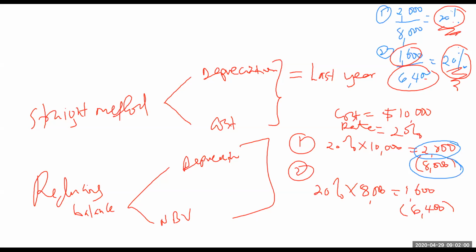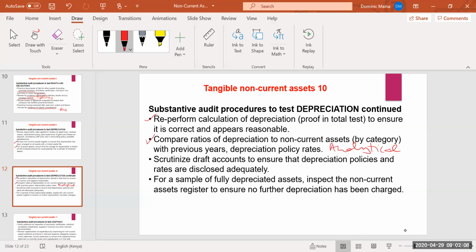So going back to our notes. In the draft accounts, ensure that the depreciation policy and the rates are disclosed adequately. This is more about the notes to the financial statements.